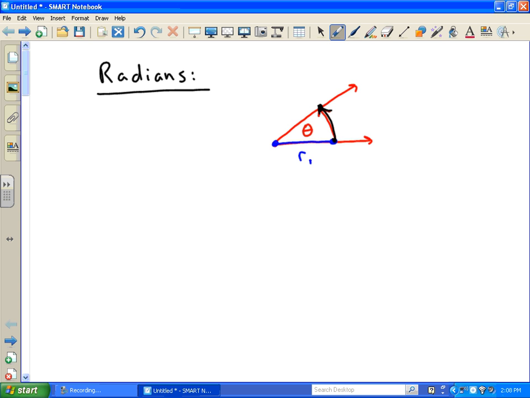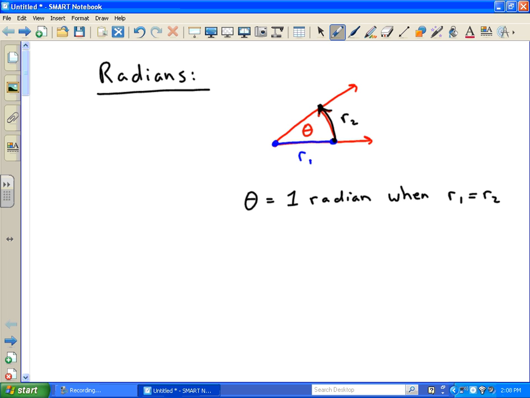That distance is what we call an arc length. Let's call it R2. So we're going to say that theta equals 1 radian when those two R values are the same thing. R1 is equal to R2.